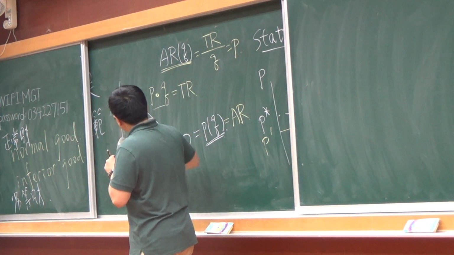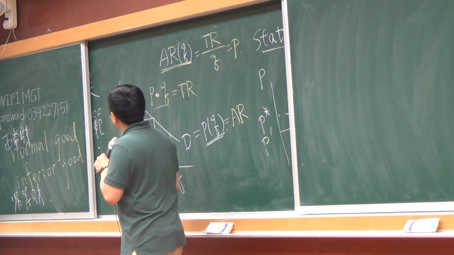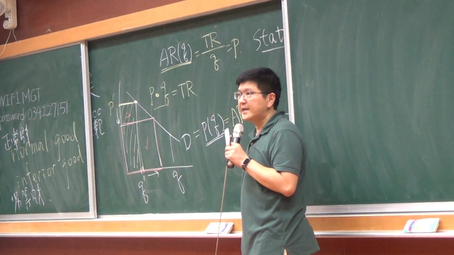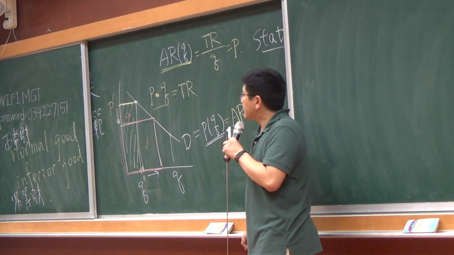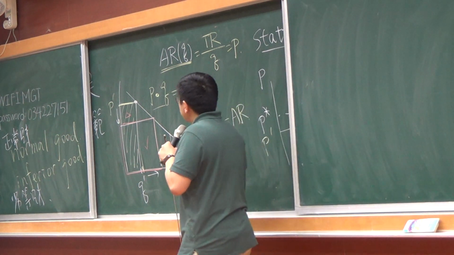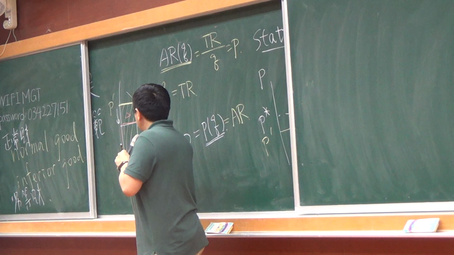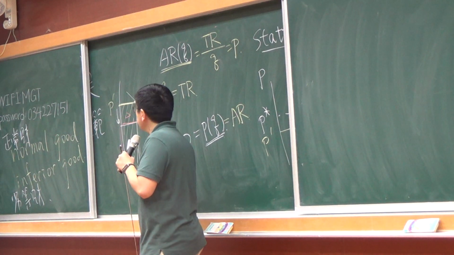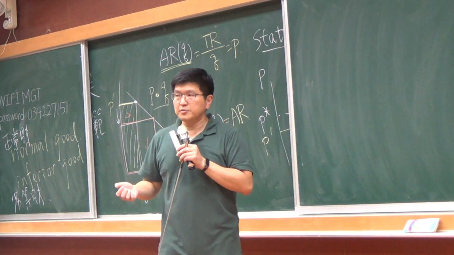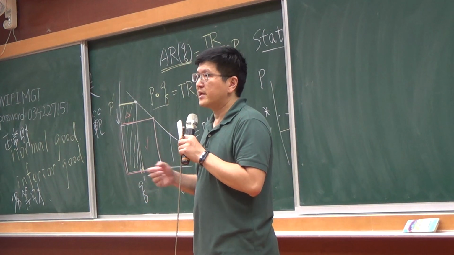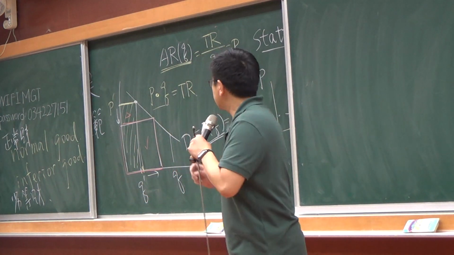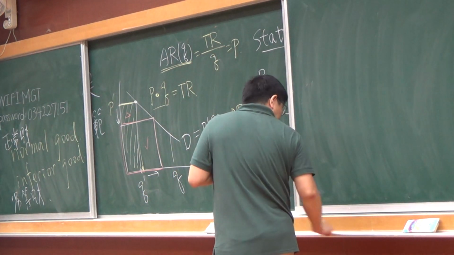I earned more here, but I lost a part here, right? And I'd like to know, if I try very hard to sell one more unit, how much revenue I would get. That is what we call marginal.